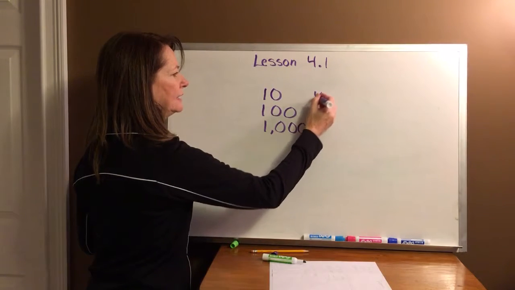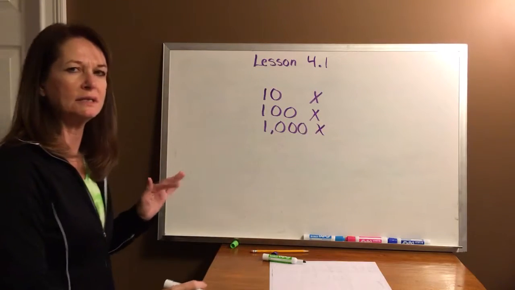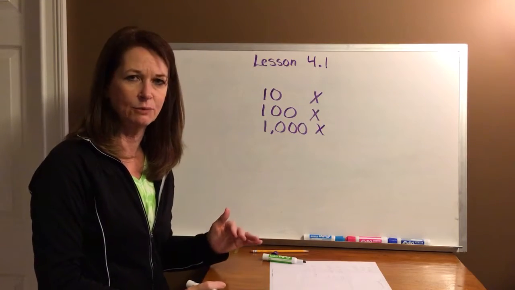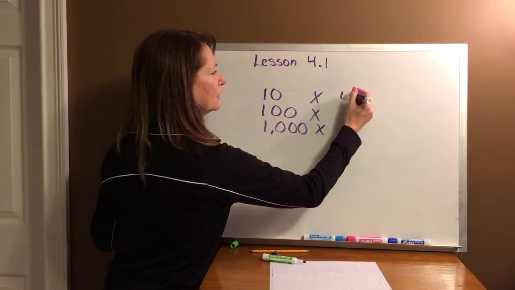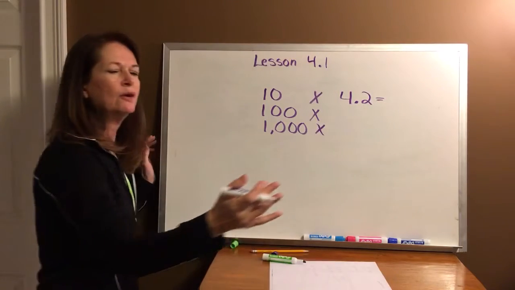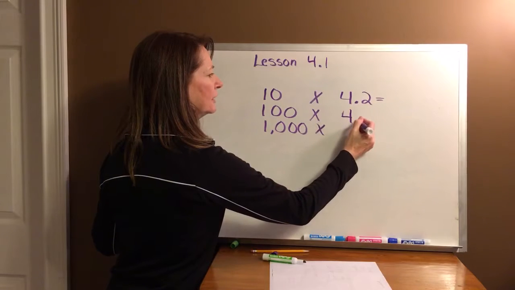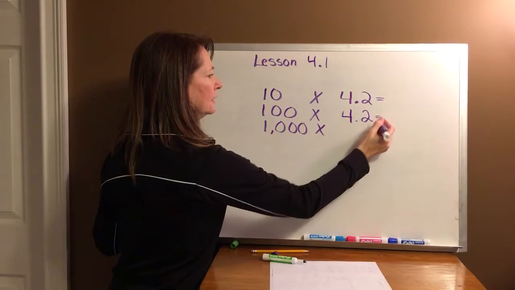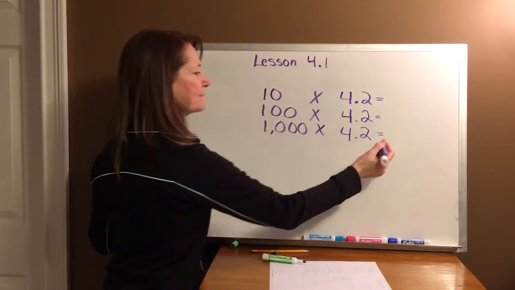And then let's see what happens when we multiply by a number that has a decimal in it. So let's try this. We'll go again with 4 and 2/10. And we're going to leave that as 4 and 2/10. And then one more time, 4 and 2/10.